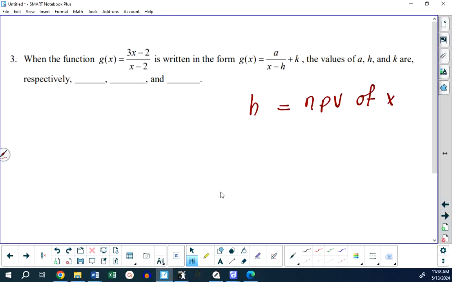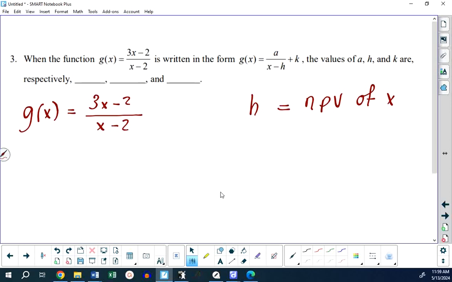It is going to be where the vertical asymptote of the function is. And given that the original function in this form has over x minus 2, we know that h is 2.